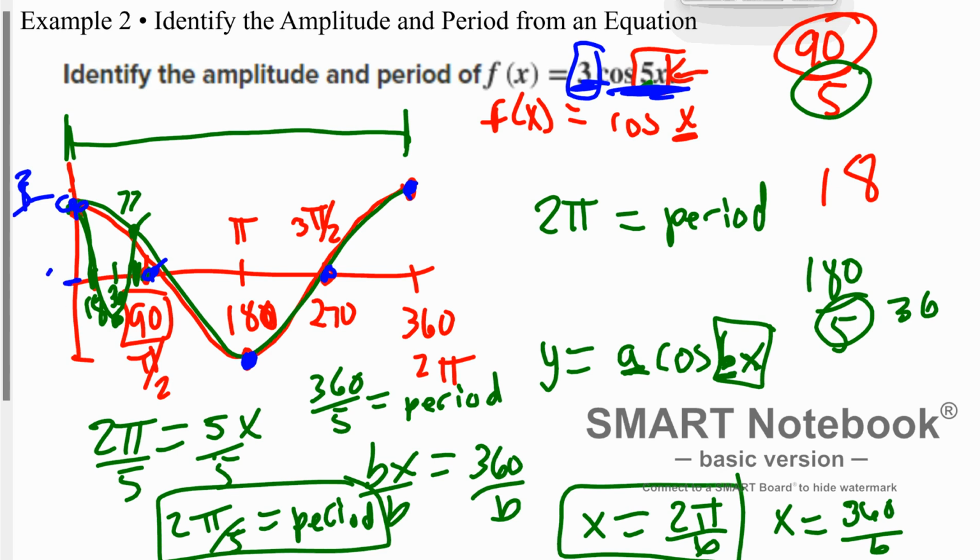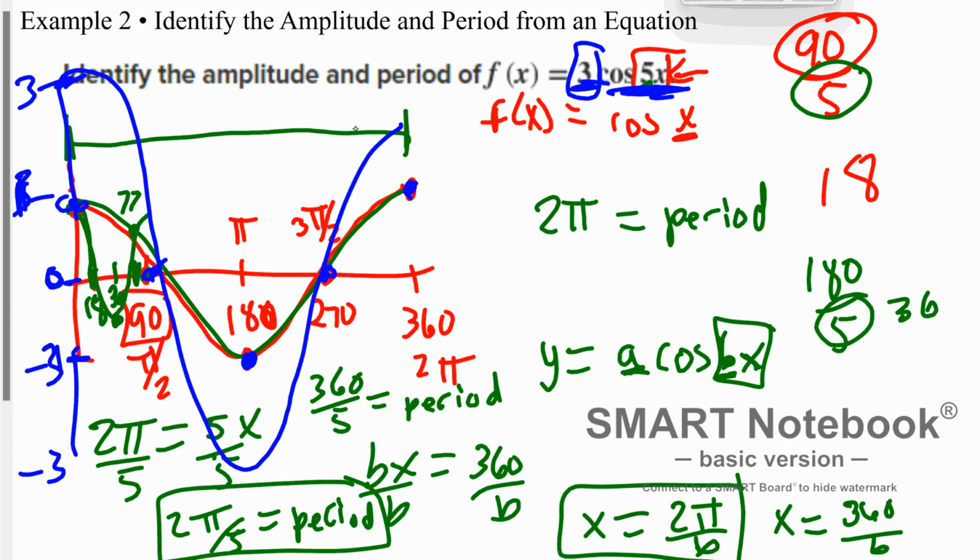I multiply 0 by 3, it's still 0, and I multiply negative 1 by 3 and I get negative 3. So that just stretched these out. So normally it goes to negative 1, but now I'm actually up at 3 and down at negative 3, right? So my graph would look something like this. It's stretched out like that.